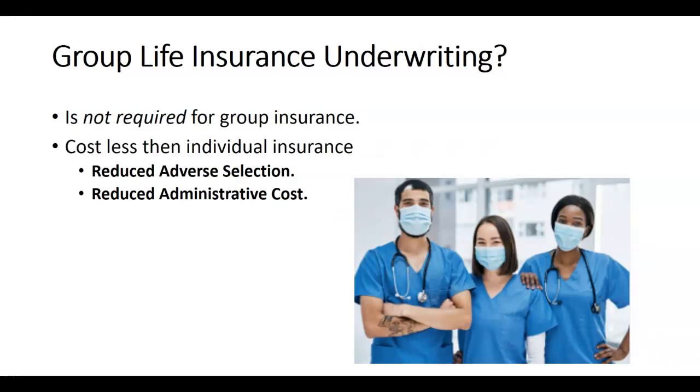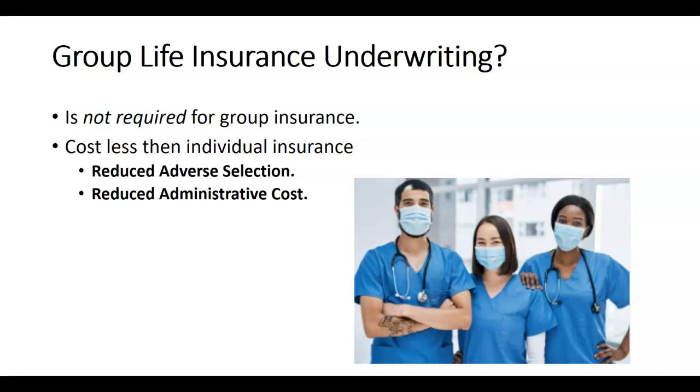So what happens in the group life insurance underwriting process? Since they are giving a group life insurance policy, underwriting is not required. This is significantly less, a reduced amount of premium cost.